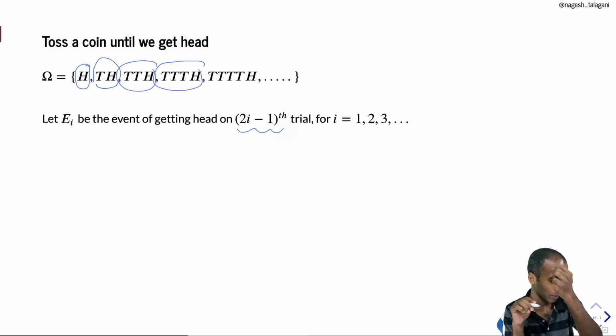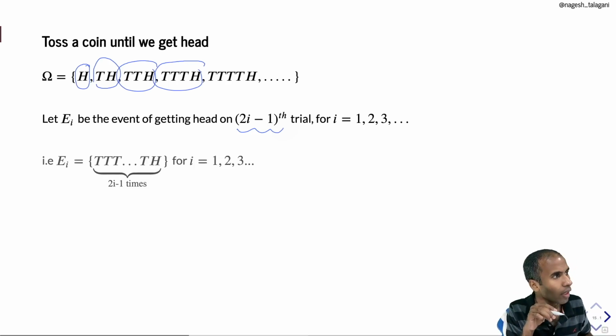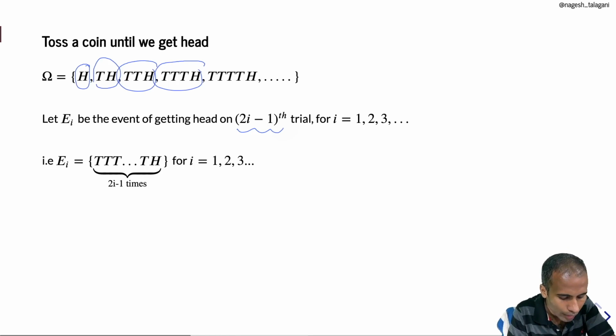Okay, fine. So Ei will consist of a single outcome like this: tail, tail, tail, tail, head, which is a string of heads and tails of length 2i minus 1, having all tails and ending with a head.